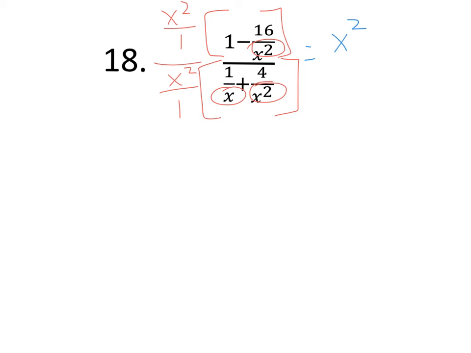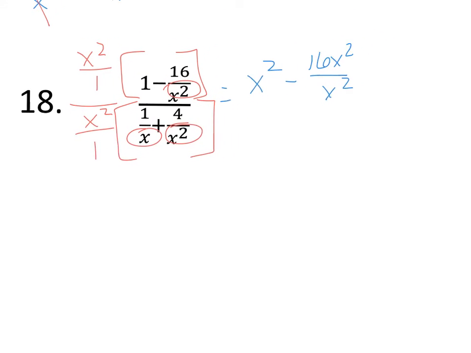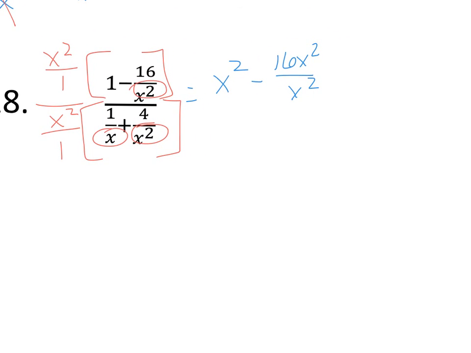Then when we do this, it's times the top and times the bottom. So it's going to be 16x squared over x squared. And of course that will reduce. So we're just going to go over here just a little bit. The first term is still x squared. The second term, the x squareds reduce. So we have minus 16.